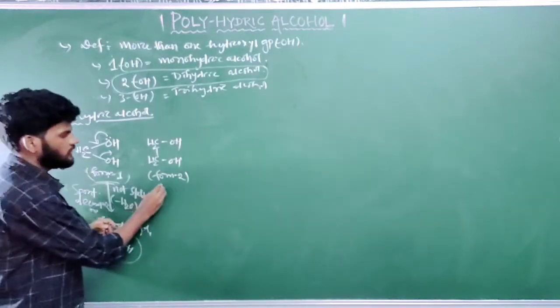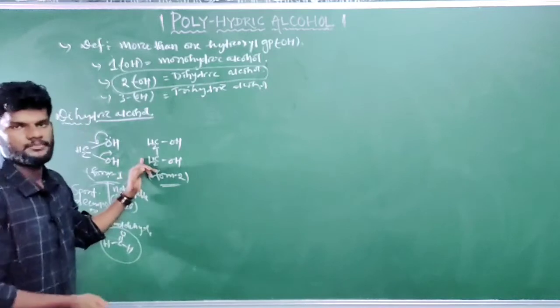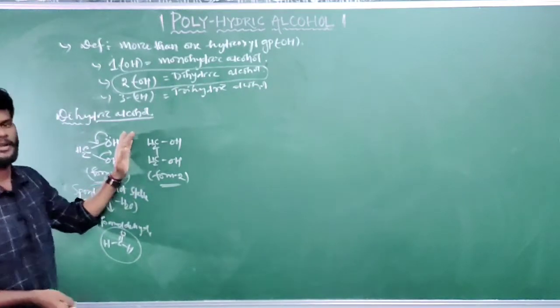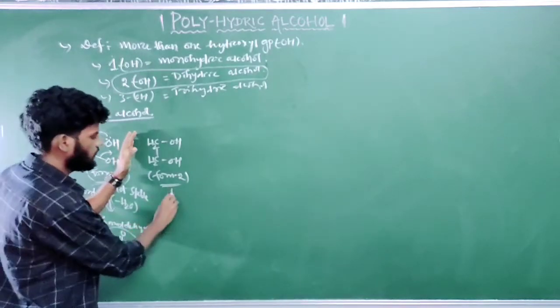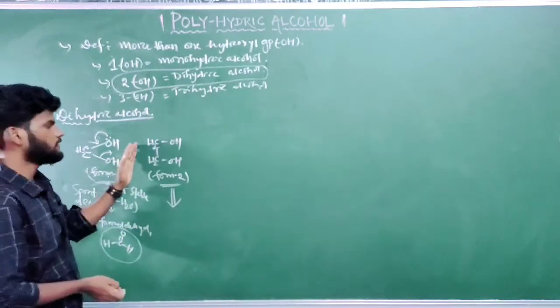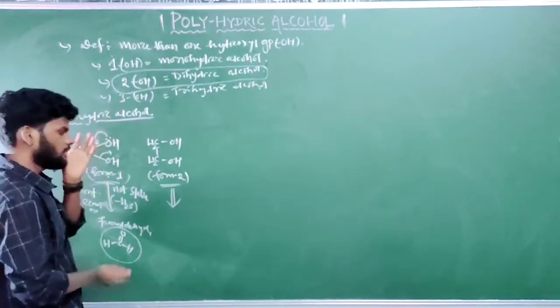Form 2 is a stable compound and it has an important role in industry and in chemical synthesis. So we will study different properties, like physical and chemical properties and methods of preparation, of this form 2.